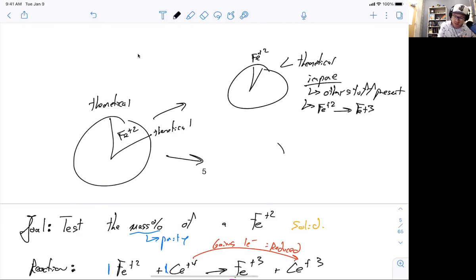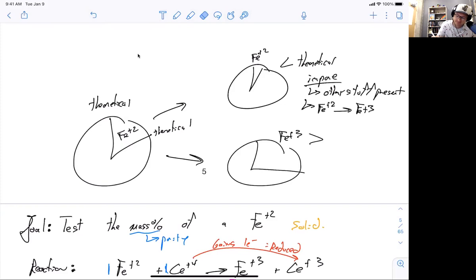The other option is that perhaps the iron 2 is greater than the theoretical. For a long time, this kind of confused even me. And finally, I came up with a good reason for why that might be the case.